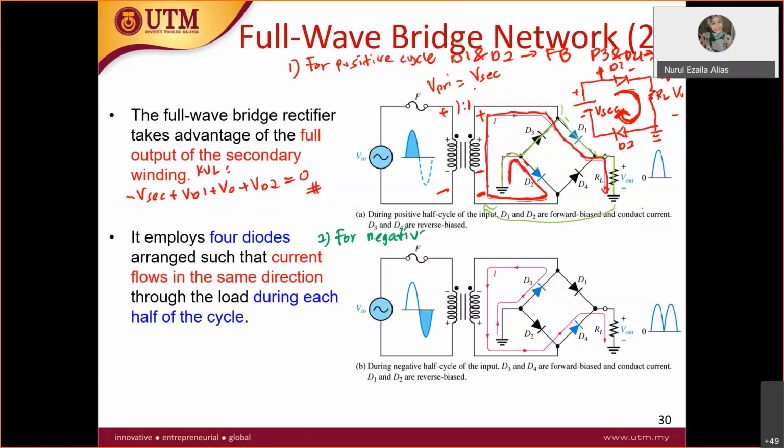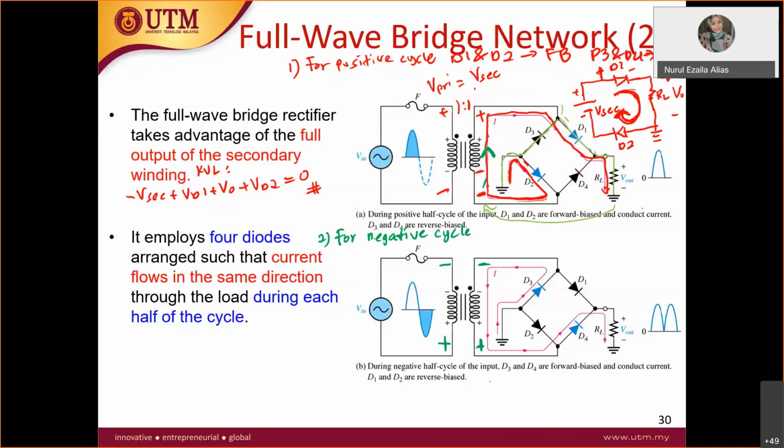Okay, negative cycle. For the negative cycle, the top must be negative plus below, and negative on top plus below. Now let's take a look at the cycle for this case. Current must go this way, meaning it goes out from the plus voltage and goes back to the negative.